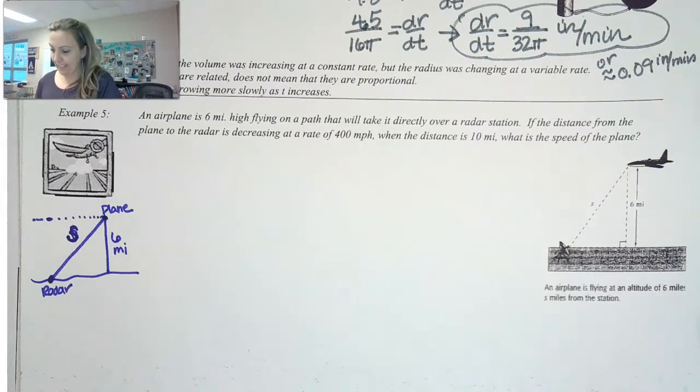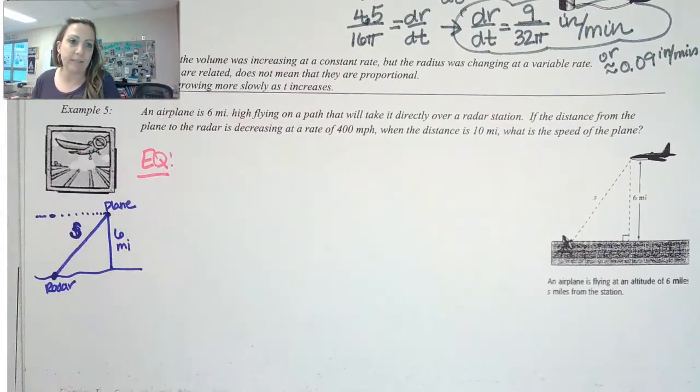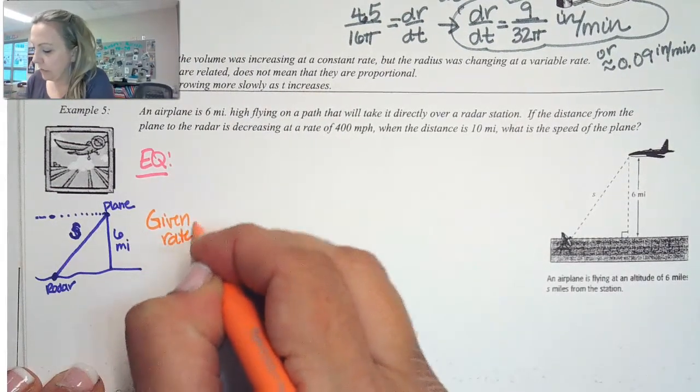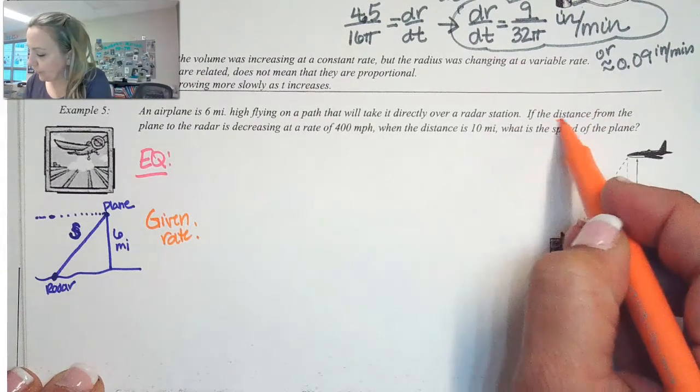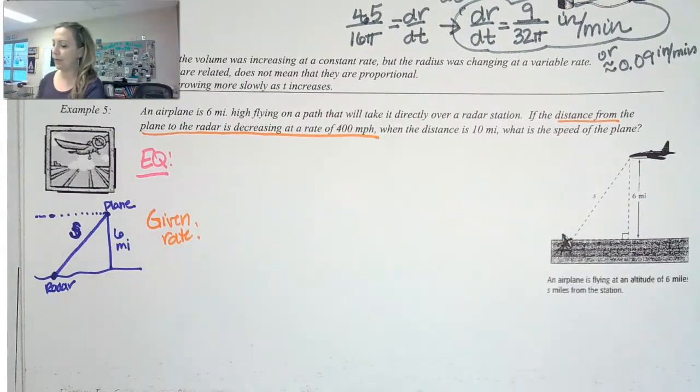And as far as an equation to use, sometimes it's a little easier for us to write the other information out. So maybe it's not clear what equation we're going to use. That sometimes happens. So maybe we could even just look at the given rate. It says here that the distance from the plane to the radar is decreasing at a rate of 400 miles per hour.